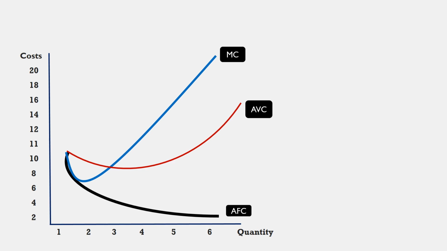And finally, you have average total cost. Average total cost has a U shape, and you notice it's falling and then it rises. So why is the first half a downward sloping curve? Because it depicts average fixed cost. Average fixed cost is also downward sloping, and then the area which is rising depicts average variable cost, because it increases as you produce more output.